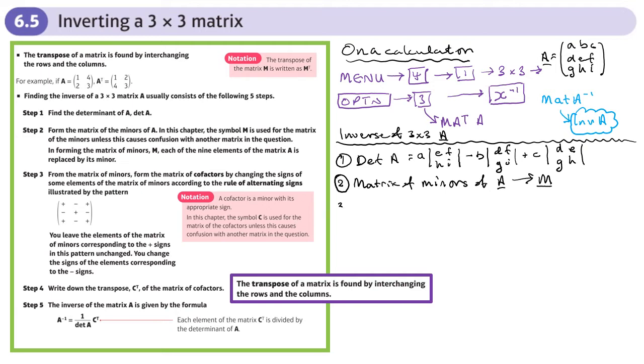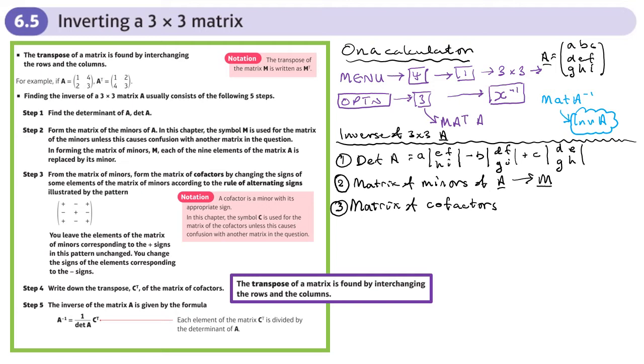Part 3, third step. We now form what we call a matrix of cofactors. The way we do that is we reverse the sign of every other element, starting with the second one.